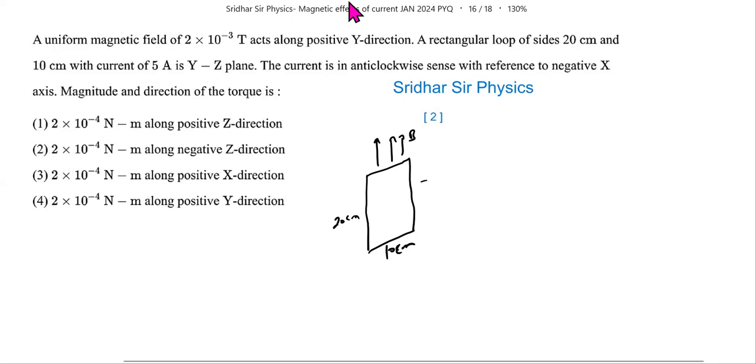So with respect to the negative x-axis, let me draw the basic diagram.